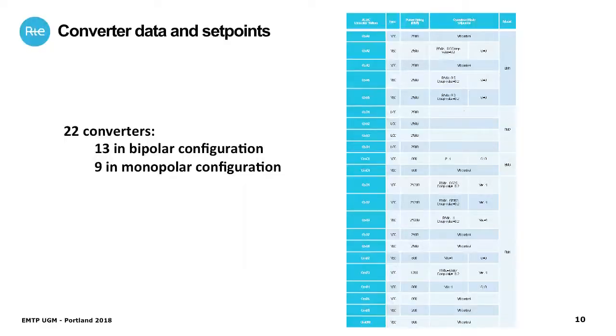So this is described also in the brochure and implemented in the test system. At the end, we have 22 converters in this test system, 13 converters in bipolar configuration, and 9 in monopolar configuration. So at the end, you have 26 plus 9, 35 individual converter units, actually, with MMC.